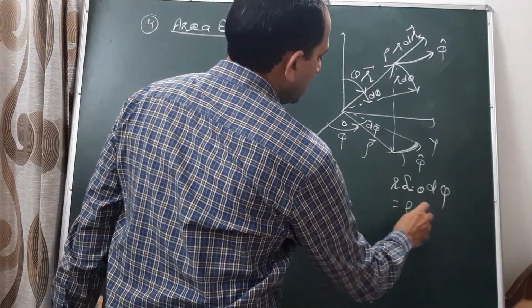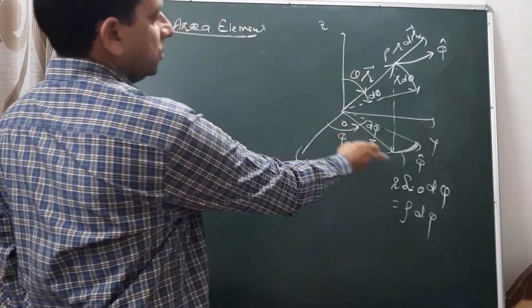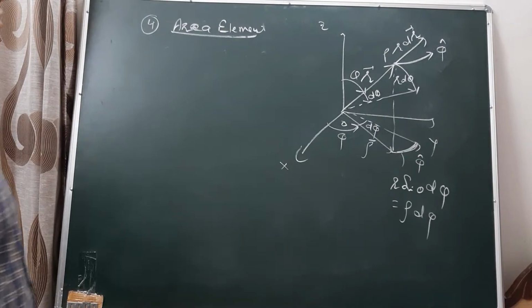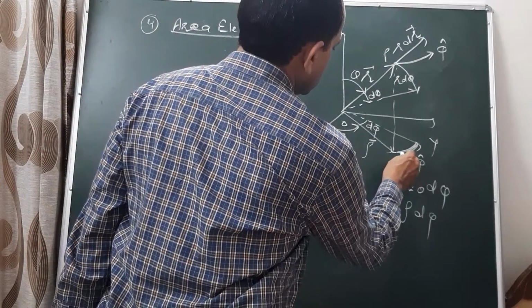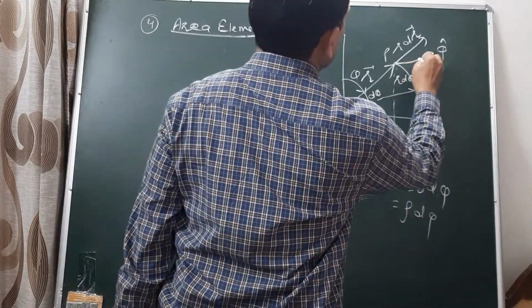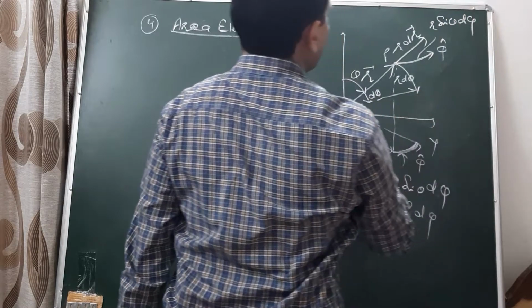It is also rho d phi, because rho is the projection of r on this plane, that is r sin theta. So, this is r sin theta d phi, and similarly, this one is also r sin theta d phi.